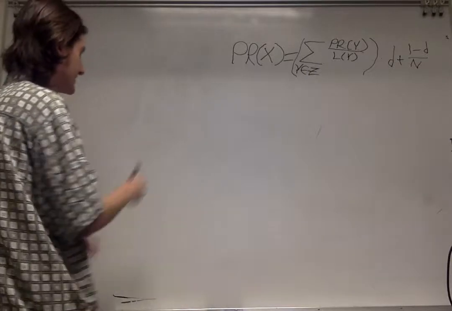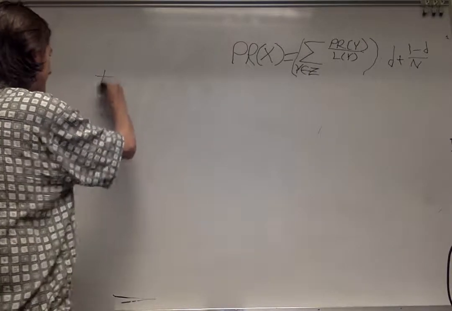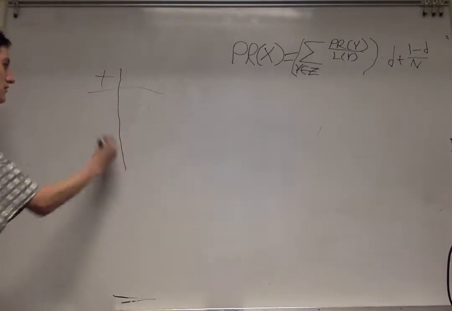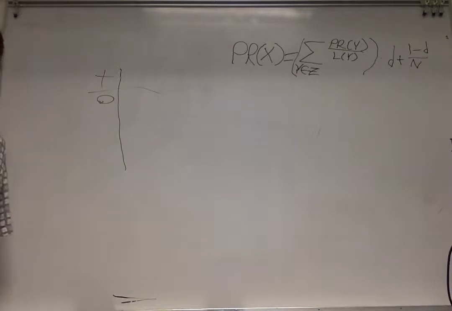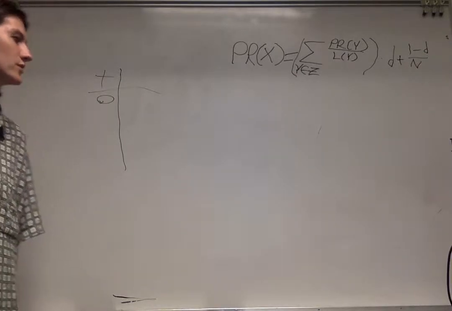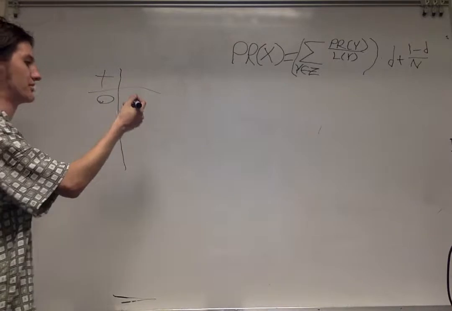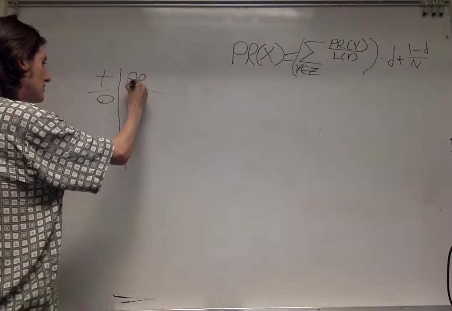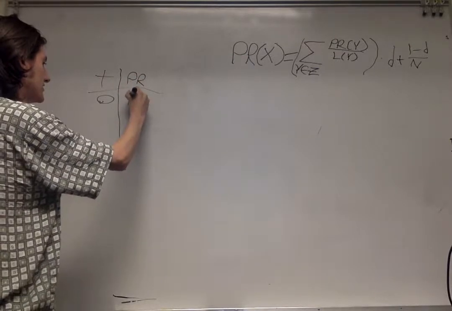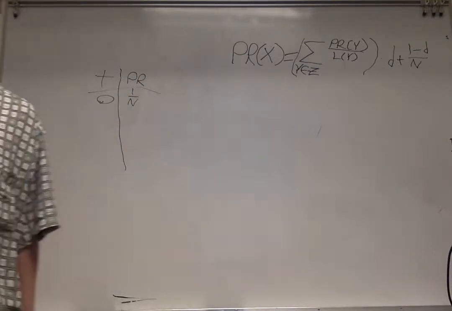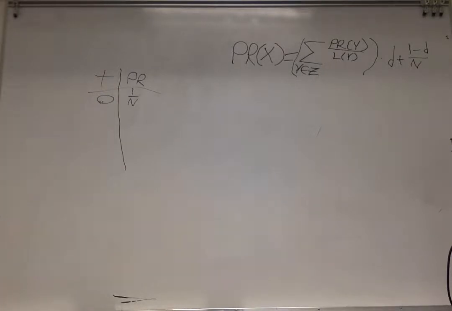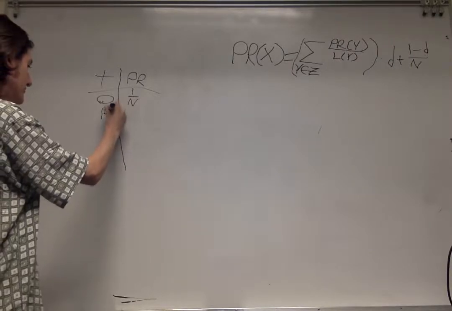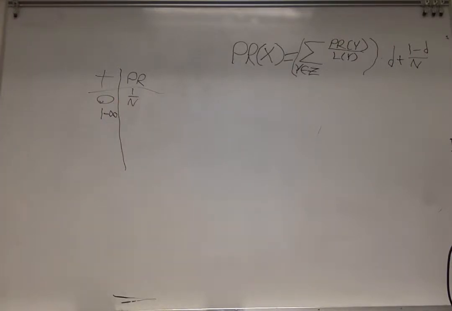Initially, at time step 0, we're going to have the formula one over n.